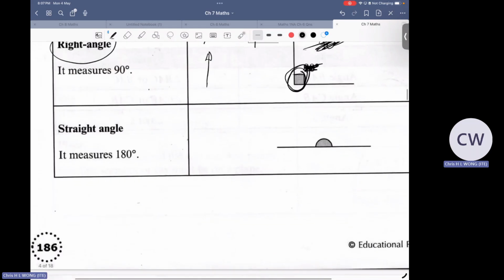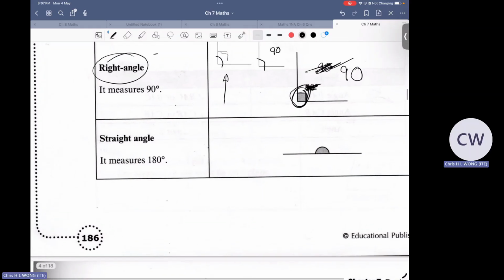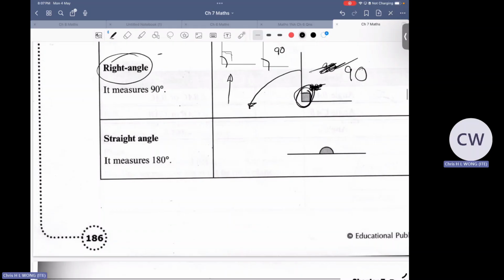Now, if it's a straight angle, now I put 90 here. If it's a straight angle means flat. If I open this straight, it becomes flat, isn't it? This is considered straight, 180 degree. But if I draw something like that, is it straight? If I never tell you, you also won't know, right?